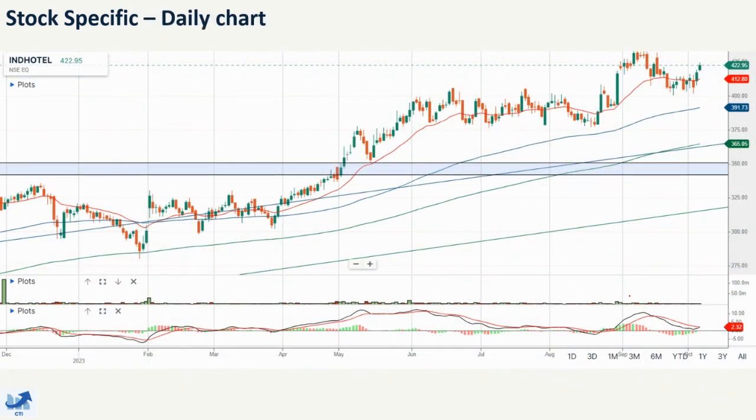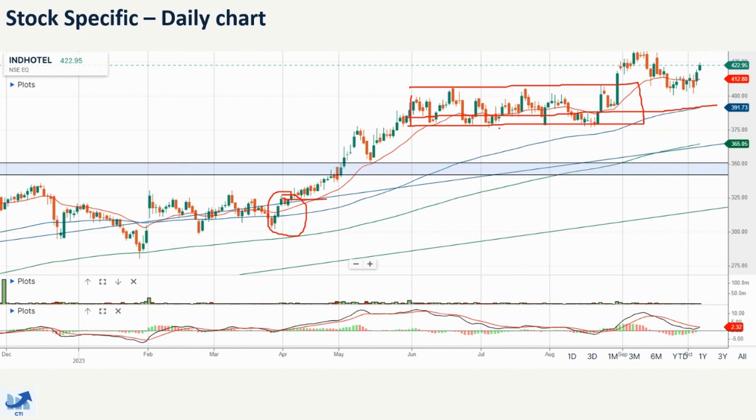Looking at the technical charts, there was a very strong uptick in the month of April. Around this month, it was very bullish, and it took the chart from 300 to 375 in just a matter of 2 months. After that, it consolidated around 400 to 375.